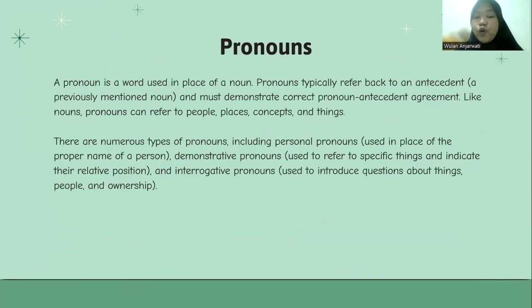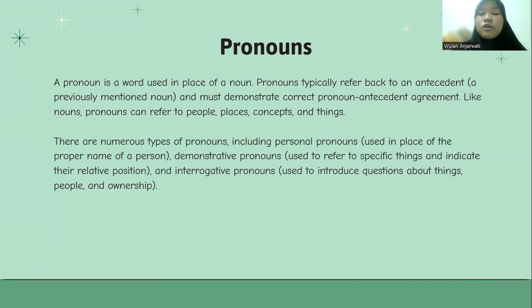Okay, next there is the pronoun. A pronoun is a word used in place of a noun. Pronouns typically refer back to an antecedent, a previously mentioned noun, and must demonstrate correct pronoun-antecedent agreement. Like nouns, pronouns can refer to people, places, concepts, and things.